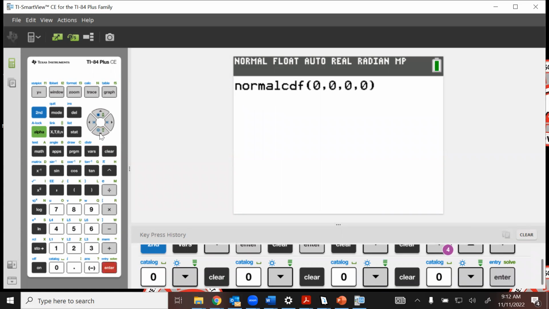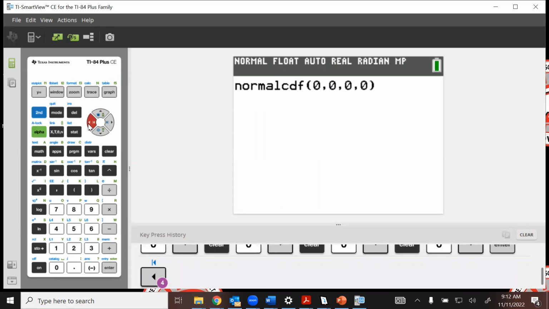So normal CDF. The first value that I want here is the lower bound. So I'm going to put 0 because I want to go all the way to the lowest possible percentile. So that's 0 since I want the left tail. Then right here, I want my upper bound.